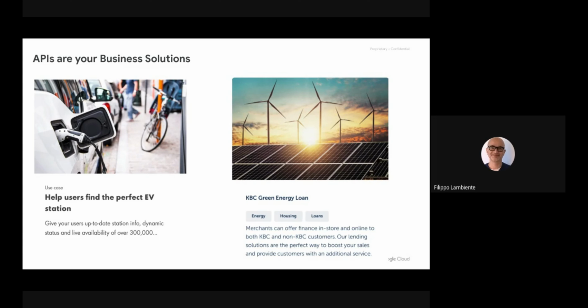So this is possible because they are leveraging the API as a way to change or to offer new business products. And some of these business products can also generate direct revenue.